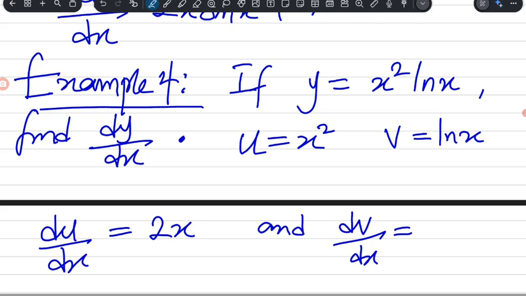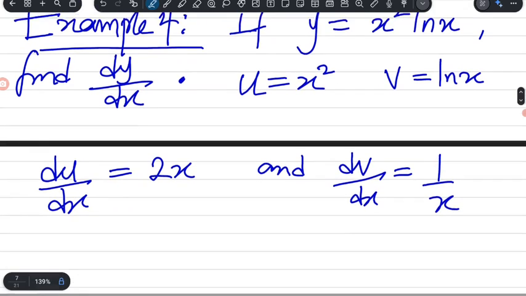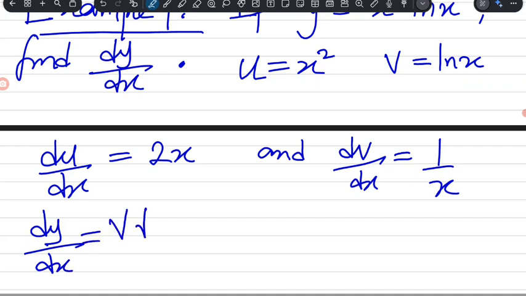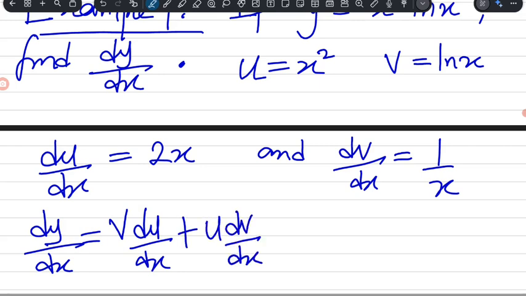When you differentiate ln x, it surely gives you 1 over x. You write out the formula again to have dy/dx is equal to v du/dx plus u dv/dx.